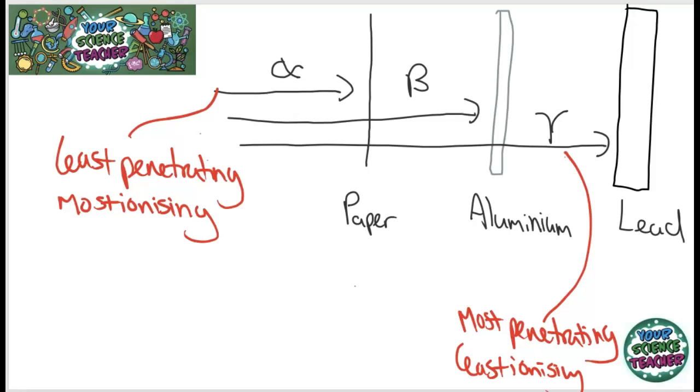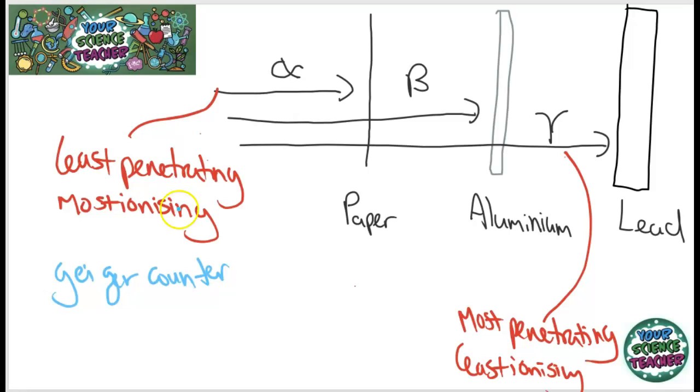To do this practical, you would have to use something called a Geiger counter, and a Geiger counter measures the activity of a radioactive source. Basically, it just has particles inside it that can become ionized, and this can detect radioactivity. And even if you place this Geiger counter there without any of these radioactive sources, you will still get some clicking.